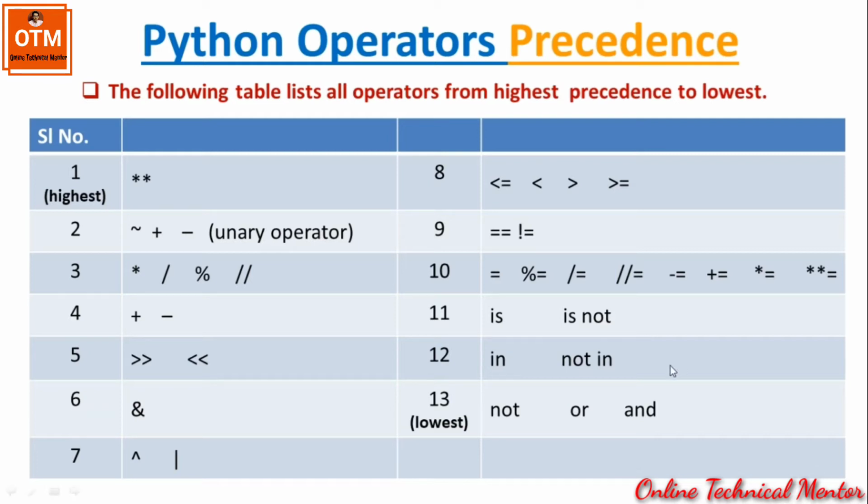So what are the logical operators? Not, and, or. But notice carefully, among the logical operators, not has the highest precedence. Then and, then or. So among these three logical operators, or has the least precedence and not has the highest precedence. So this is all you have to know about the precedence.